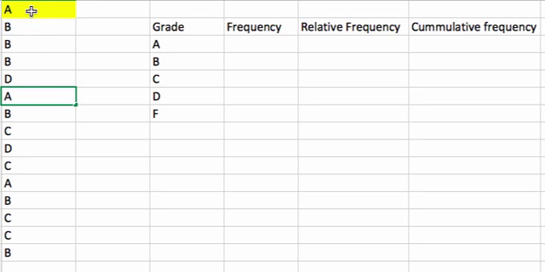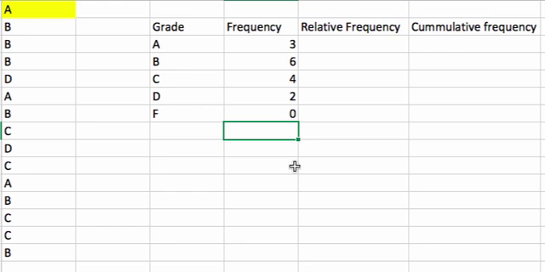I'll go through and count 1, 2, 3 students received an A. 1, 2, 3, 4, 5, 6 students a B. 1, 2, 3, 4 students a C. 2 students a D. And thankfully in this class nobody failed or received an F.